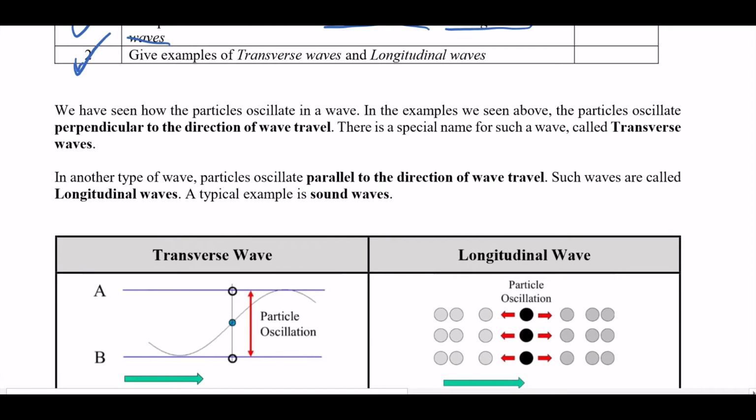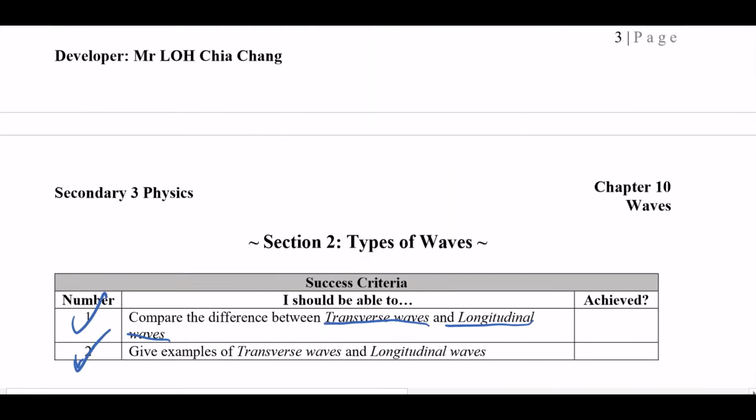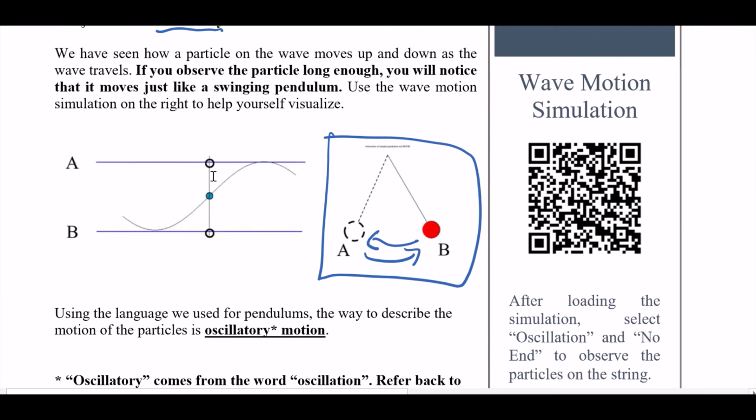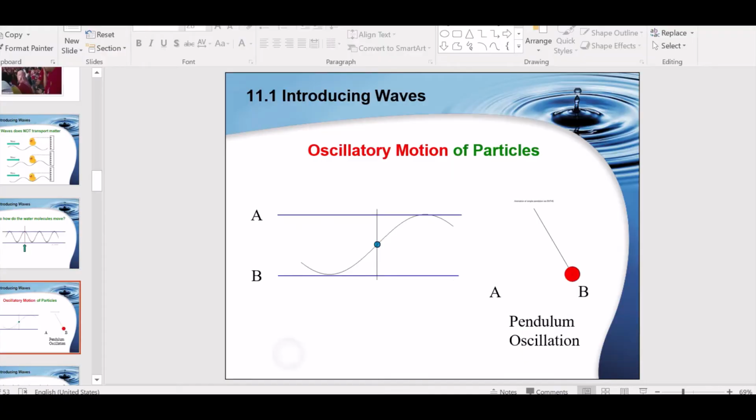Just now we saw that a particle moves up and down. For this example, the wave is traveling to the right hand side, but you can see that this particle is moving up and down. Maybe I should switch to the slides for you to see.